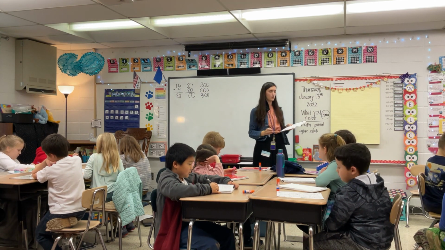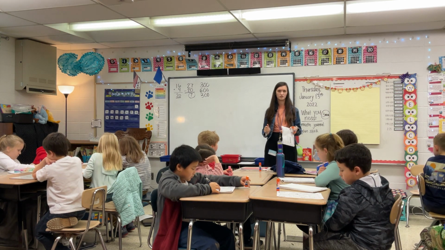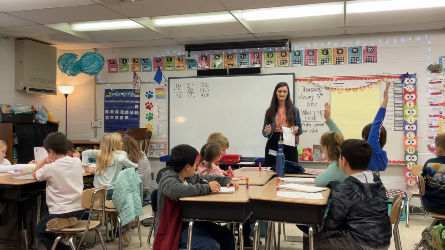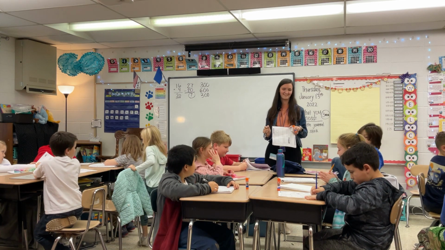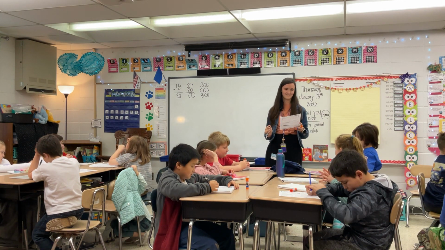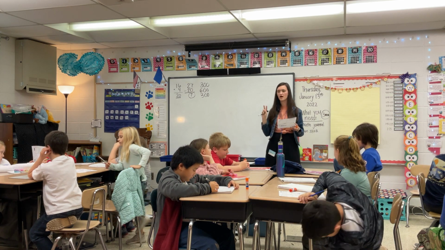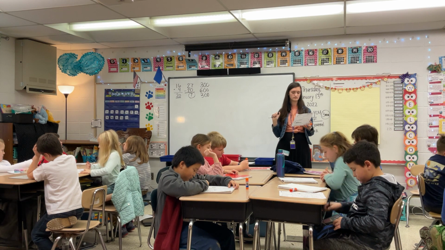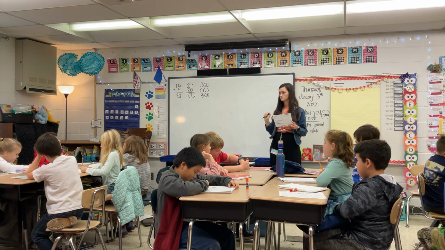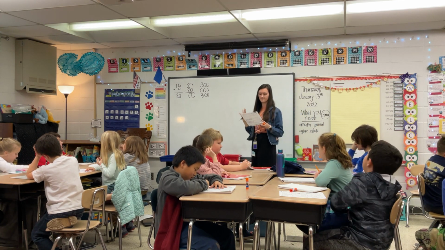Color all of the quadrilaterals. What is a quadrilateral? Allie. A shape with 4 sides. So quad means 4. Quadrilateral is a shape with 4 sides. I thought quad meant 5 and squad meant 4. Quad means 4.